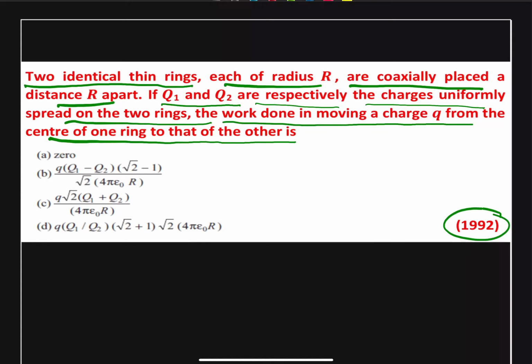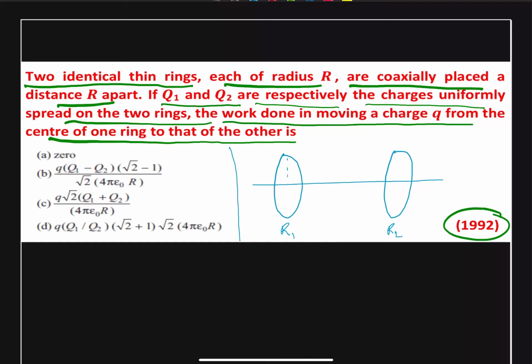and here we are given that we are having two rings, so we can just draw an approximate figure for that. So they are coaxial, so let us suppose this is their axis, this is your first ring and this is our second ring. And they are identical, so let us call this ring 1 and this ring 2.